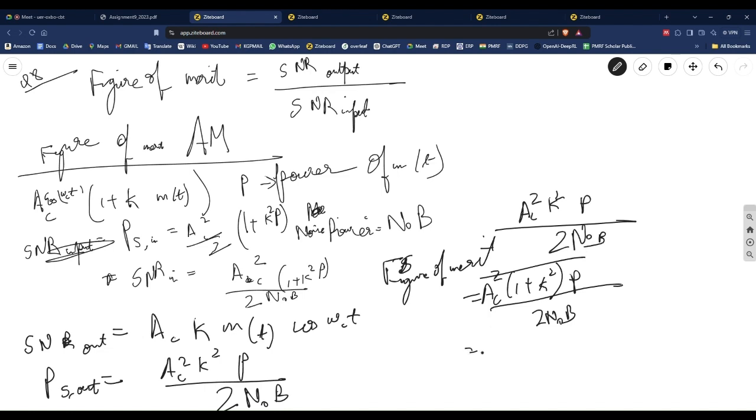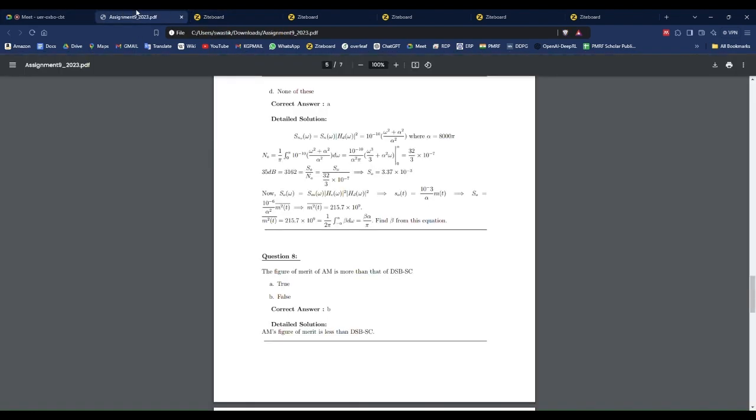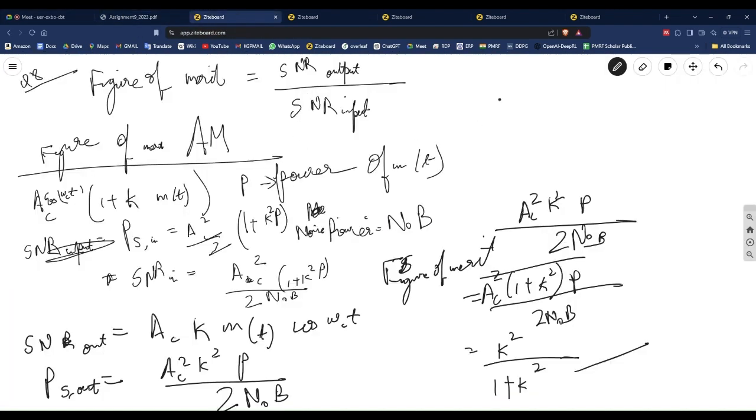If you cancel everything, it's K square divided by 1 plus K square. This is the figure of merit of AM. Now, the figure of merit of DSB-SC as derived earlier is 1. So Fm AM is equal to K square by 1 plus K square, which is clearly less than 1. Therefore, Fm AM is less than Fm DSB-SC.